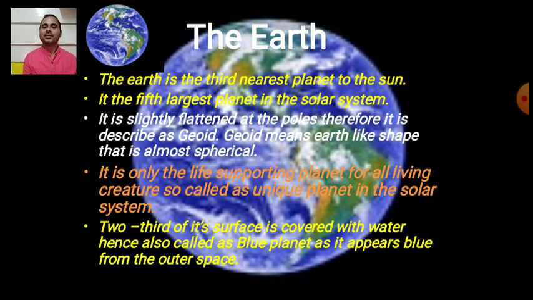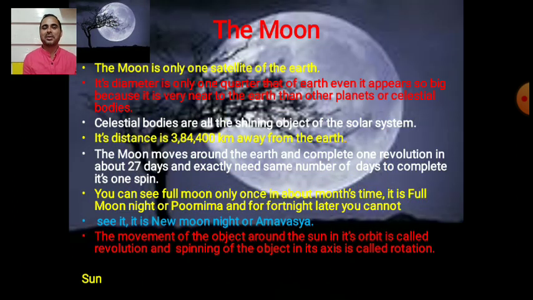I hope so. Let us move to another slide and try to understand a little more about the members of the solar system. And what is it? That is the moon. What do you call it? Chanda Mama, right? The moon is the only satellite of the Earth. Its diameter is 1/4 that of the Earth.